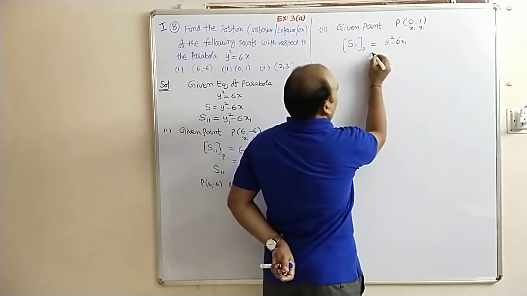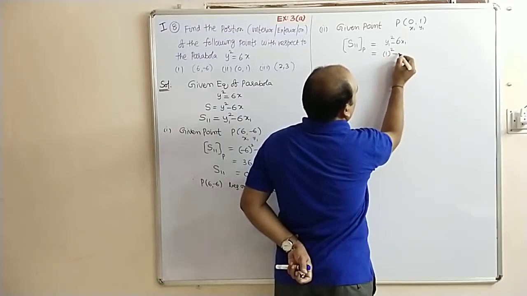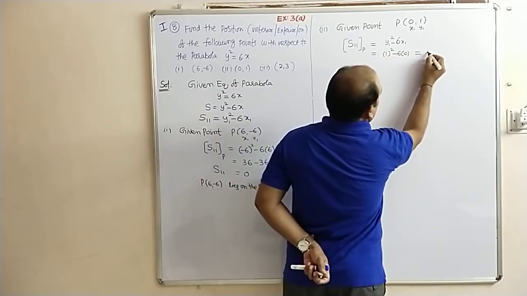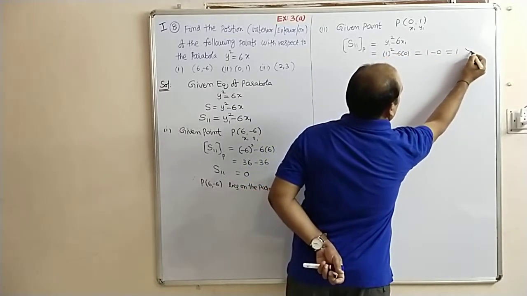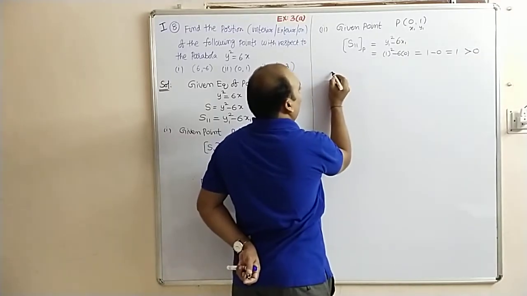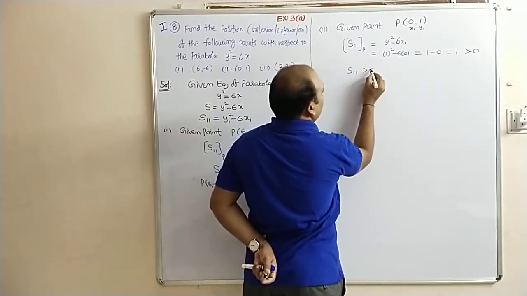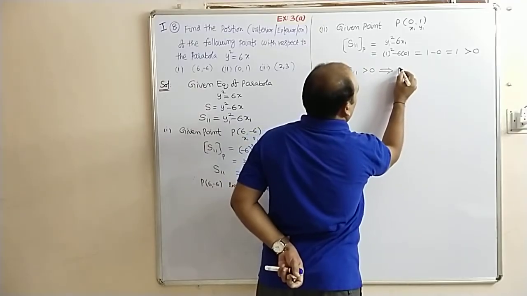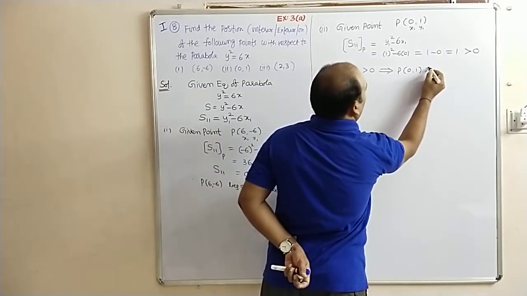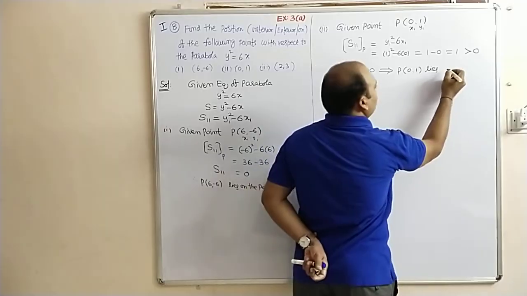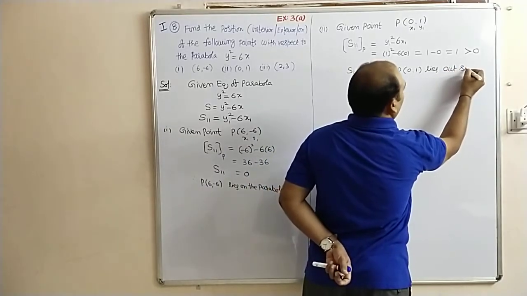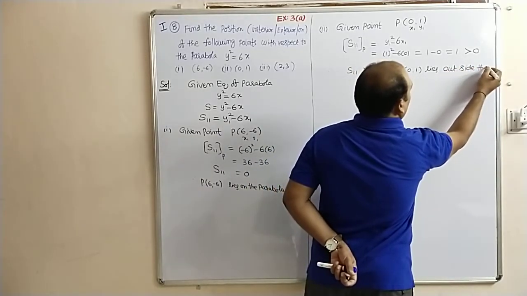So y1 value is 1 square minus 6 into 0, which is equal to 1 minus 0, which is equal to 1, greater than 0. Therefore, S11 is greater than 0. That implies that P of (0, 1) lies outside the parabola.